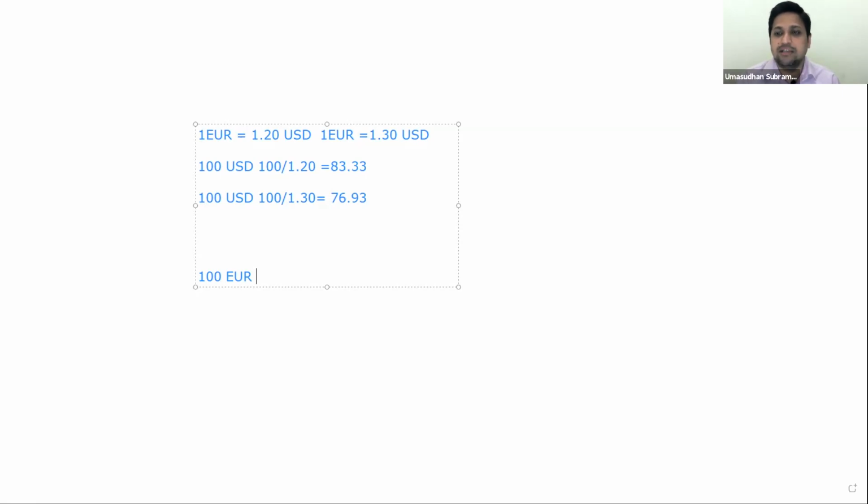How many USD did they have to pay for 100 euros before the currency depreciation? 120. There you go. How did you calculate? 100 euro times 1.2 gives you 120 USD.